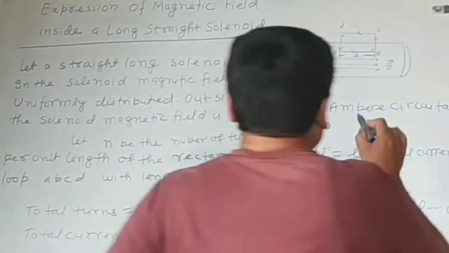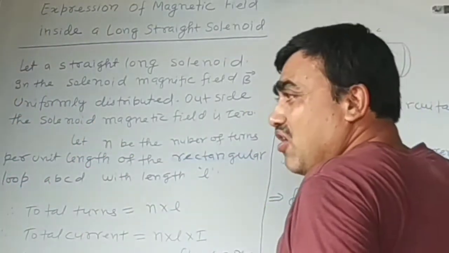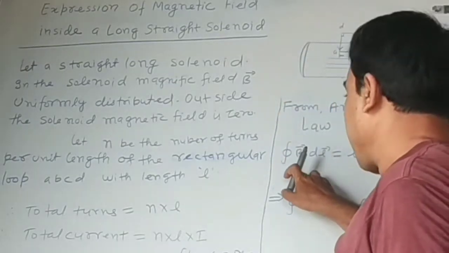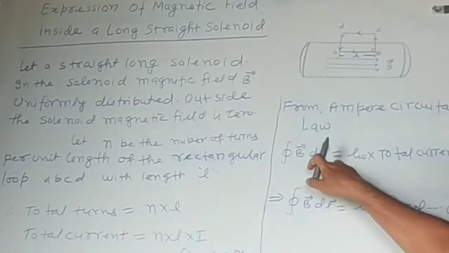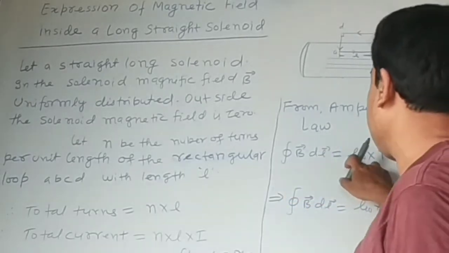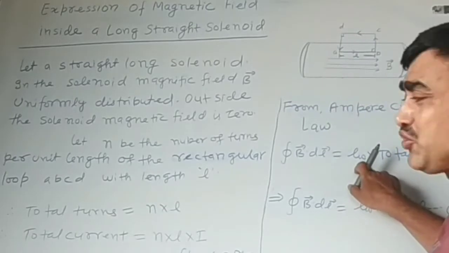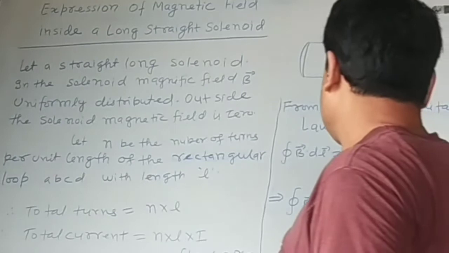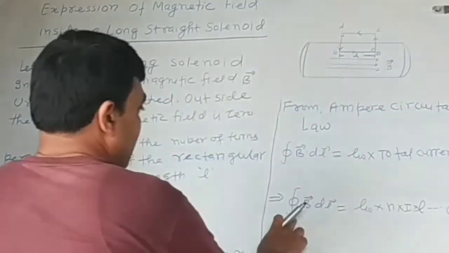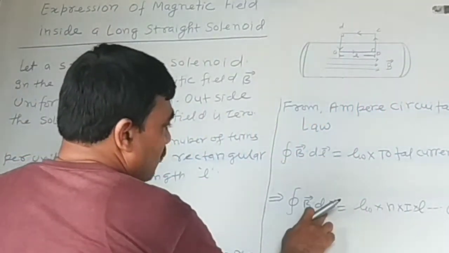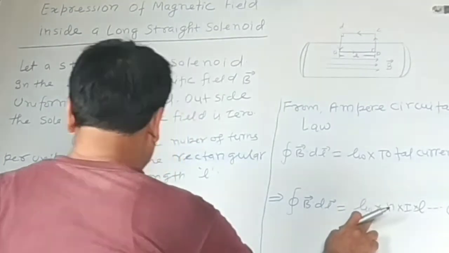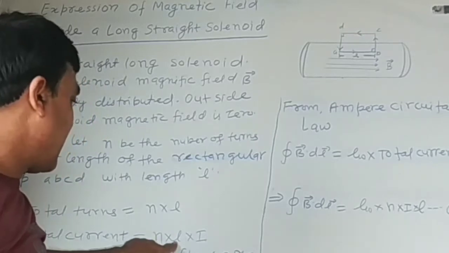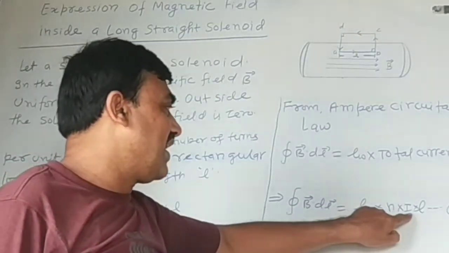From Ampere's circuital law, all of you know that the line integral of magnetic field B dot dl is equal to mu naught into total current. That implies the line integral B dot dl is equal to mu naught into total current, which here is nLI.